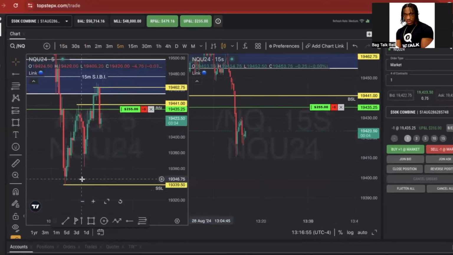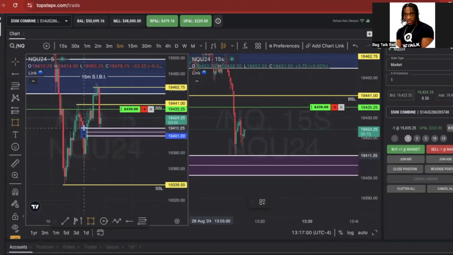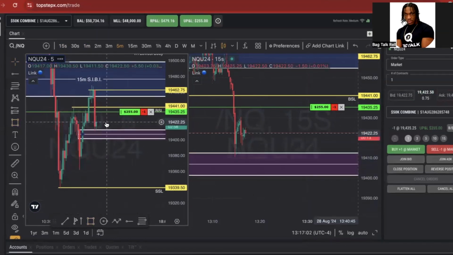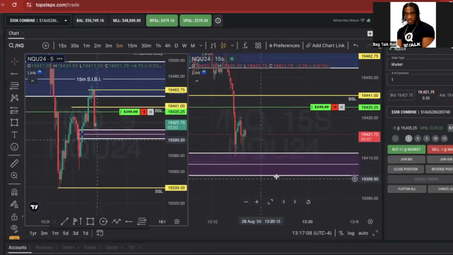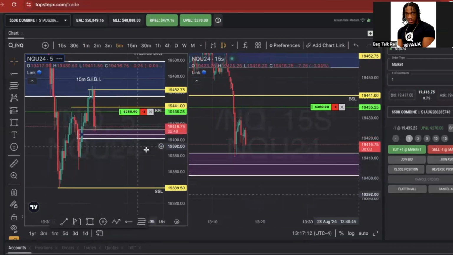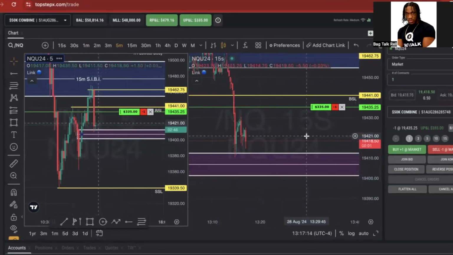I don't think we're going to use this 5-minute BISI to take us to new highs, but it has potential, right? I do feel if we lose these lows, though, we're going to lose this 5-minute BISI. And if we lose this 5-minute BISI, we should be going to these lows.